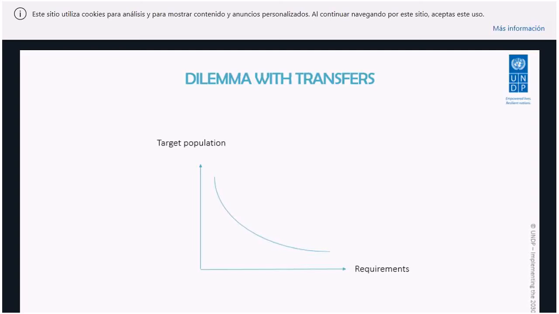So now the story to discuss with the government is, wait, yes, your transfers are good, but the households are not increasing their income. The process doesn't stop by giving individuals a transfer amount.